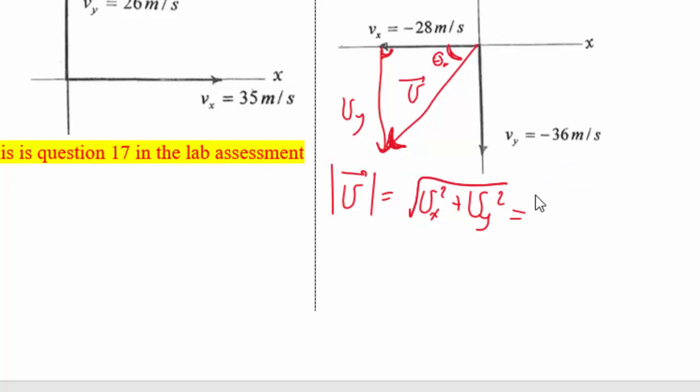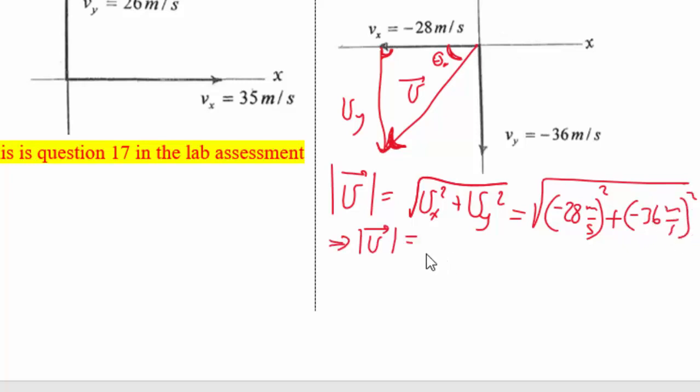And this will be equal to the square root of vx, which is negative 28. And of course, when you square it, the negative will disappear because negative times negative will give you positive, plus the square of the y component, which is negative 36 meters per second. And this is squared.